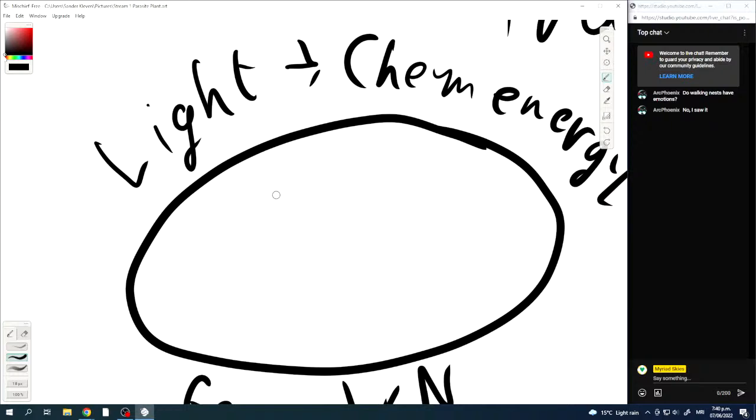So light to chemical energy ones, I imagine that they would be very keen on catching lots of light. Like prioritizing that, like basically prioritizing light over getting nutrients.